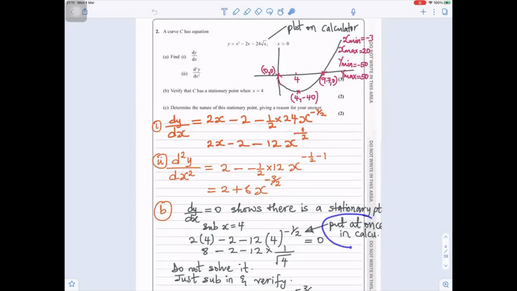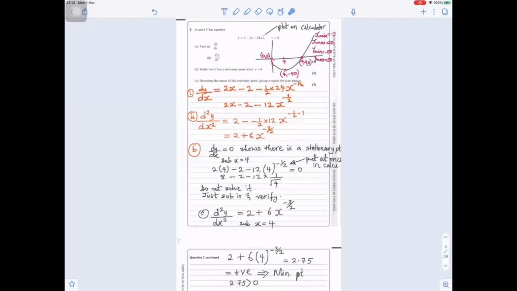And you put it all in your calculator and press execute. You do it at once, not in bits. And you will get 0. So you do not have to solve it, just sub in and verify. And that tells you it has a stationary point.